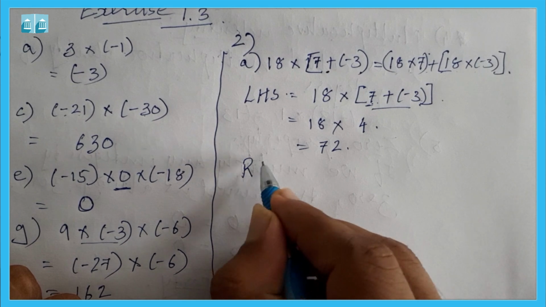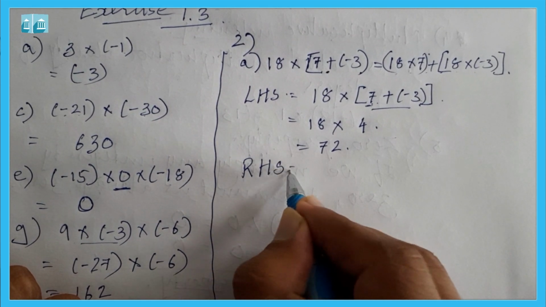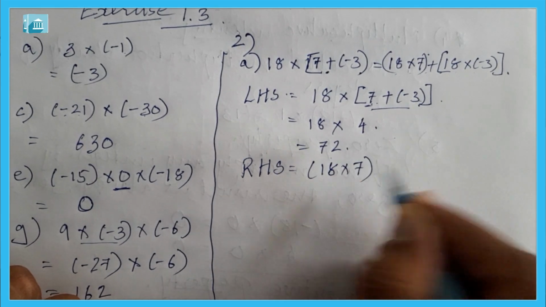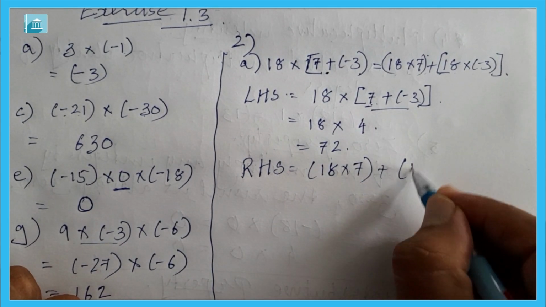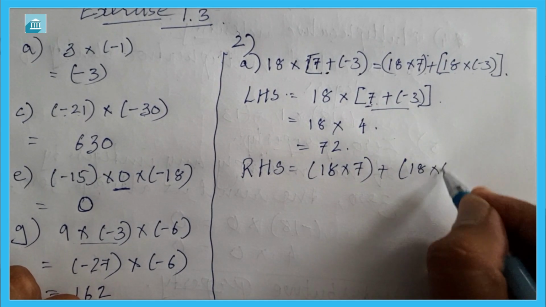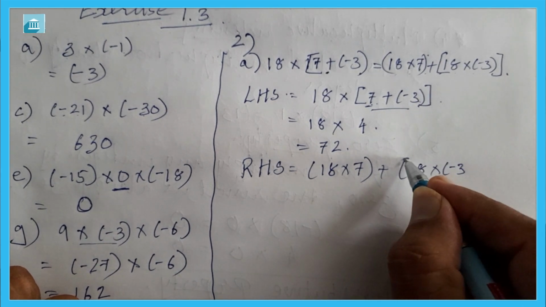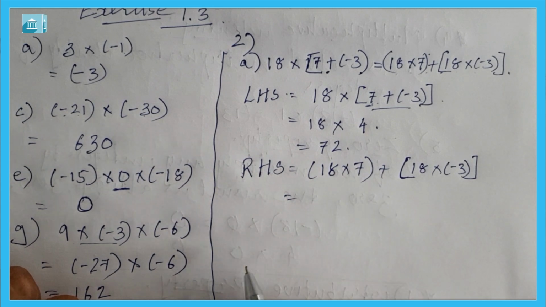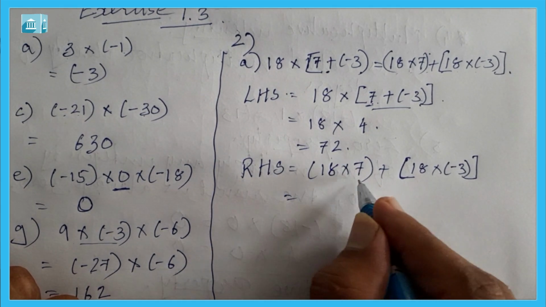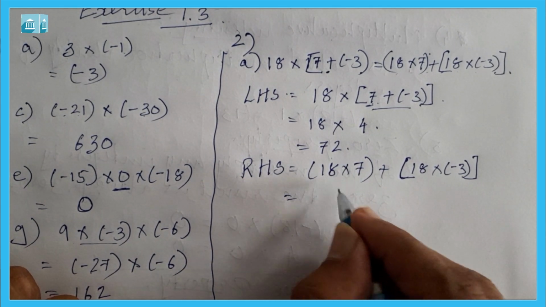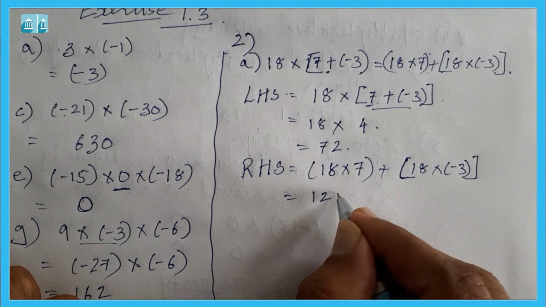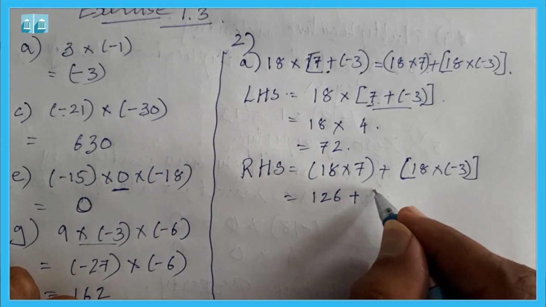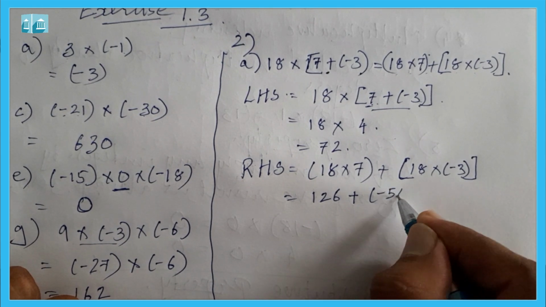Now the right hand side: 18 into 7 plus 18 into minus 3. 18 into 7 is 126, plus 18 into 3 that is minus 54.